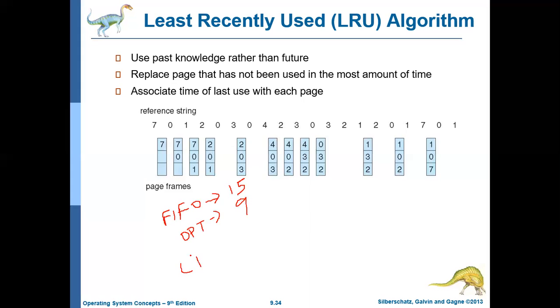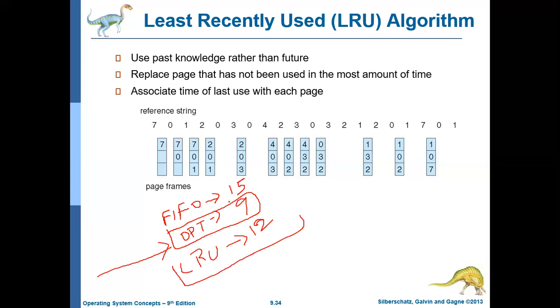So from this, what you can observe is LRU is better than FIFO, because optimal is an ideal case which is available only in theory, so it cannot be used practically. So in practical aspect, LRU performs better than FIFO, right?